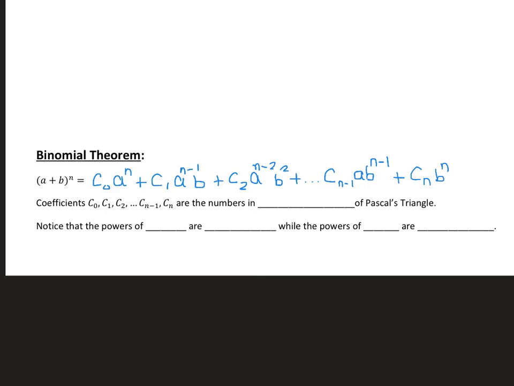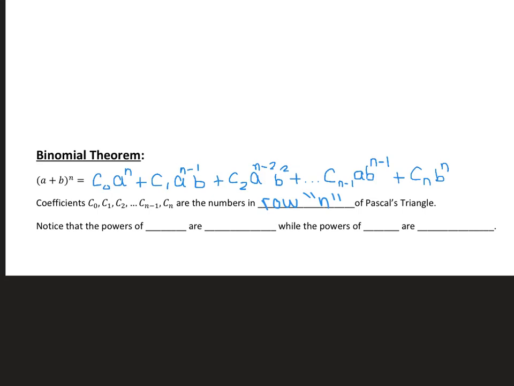So this is the binomial theorem, and we can pull those coefficients, c sub 0 up to c sub n, straight off Pascal's triangle. And those coefficients, as we say, are coming off the triangle, and you'd be pulling those off of row n. So whatever that exponent is, that's the row you're going to go off of on the Pascal's triangle.